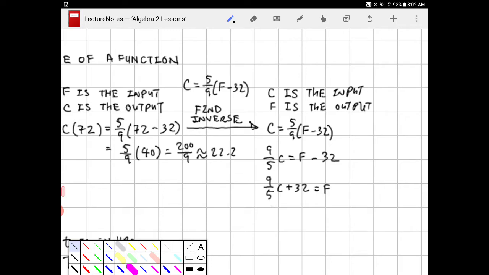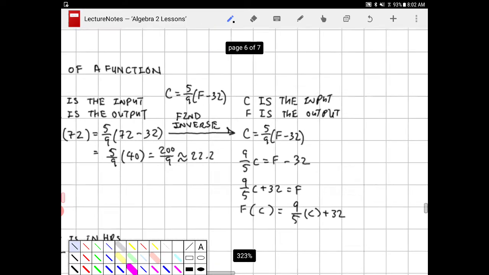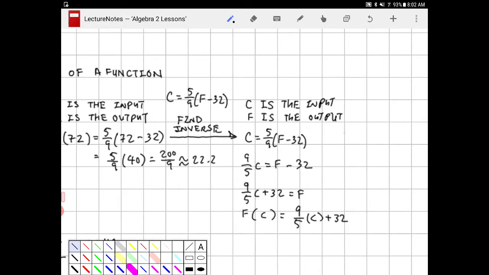Now, in this equation, F is a function of C. In other words, if I throw in some temperature reading in Celsius, I will get in return an output that is Fahrenheit. So going back to the question I posed a minute ago, if the temperature reading outside was 15 degrees Celsius, what would that be in Fahrenheit?